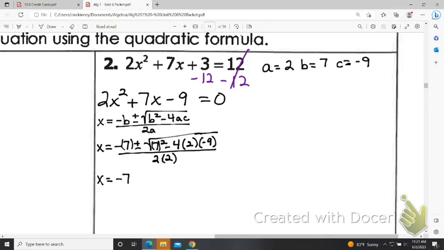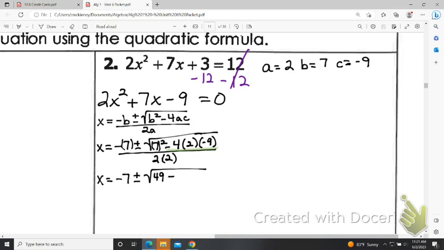So this is negative 7, plus or minus the square root of 7 squared, 49. You know 7 squared is 49. And then negative 4, I've got 2 negatives again in here. So it is going to be minus.